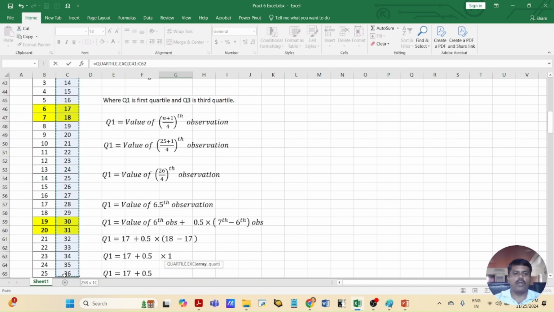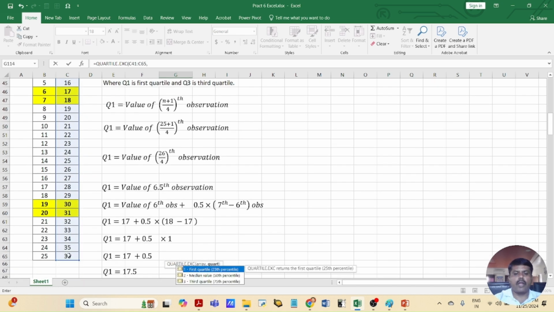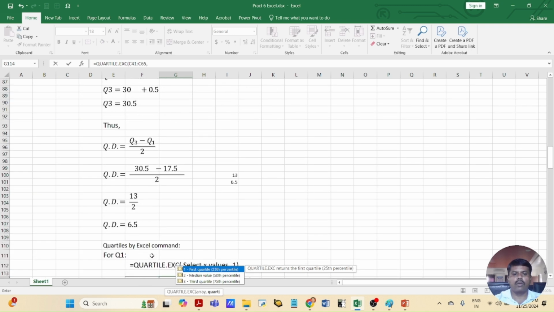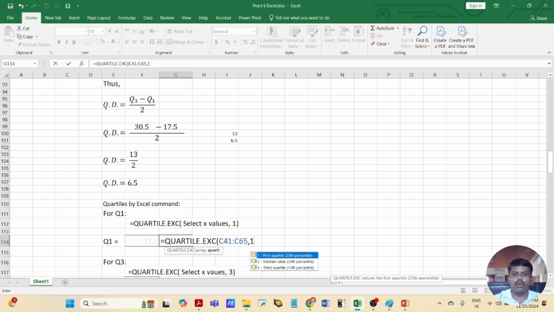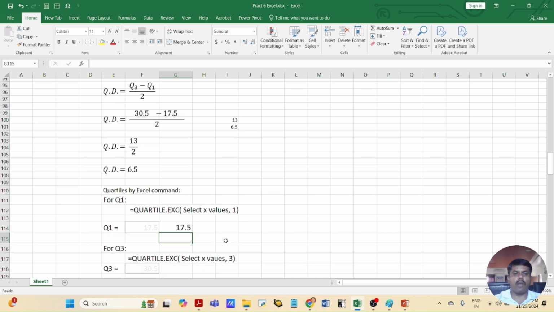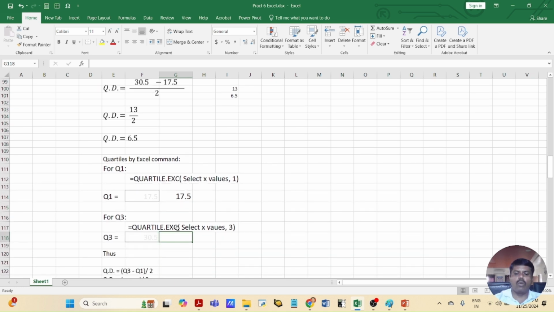So select these X values and press comma and 1 for first quartile. So we get answer 17.5, which is same as that we have computed using formula method. Again, we will use same command.